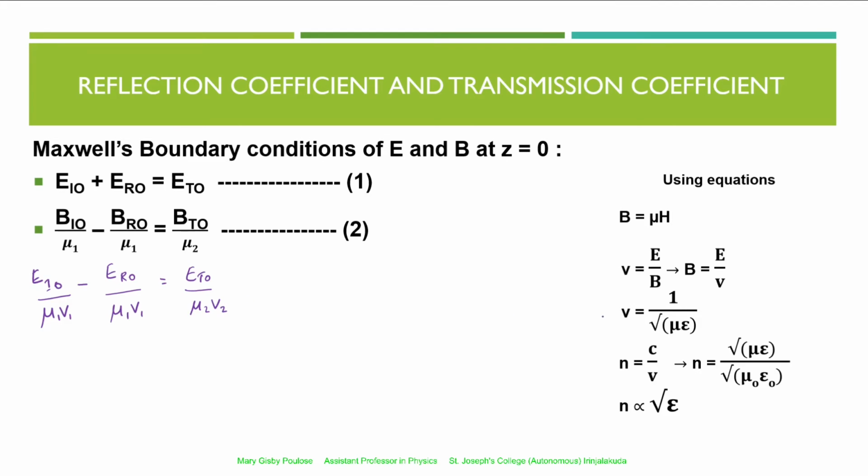Now here we have the equation V = 1/√(με), where μ is the permeability of the medium and ε is the permittivity of the medium.